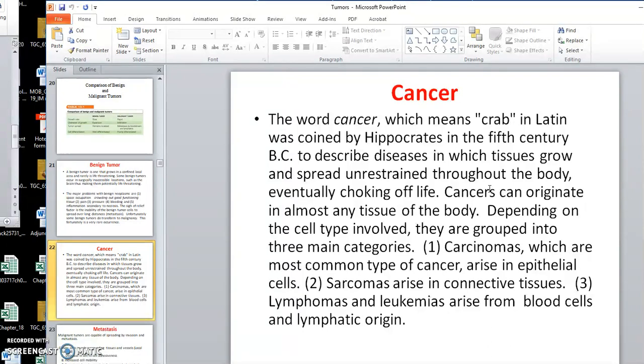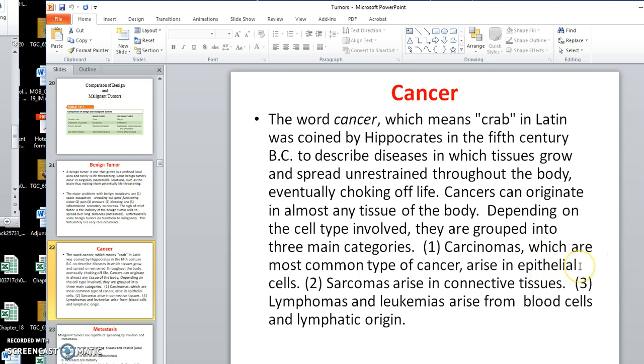When we look at the cancers, we group them into carcinomas, sarcomas, and lymphomas. A carcinoma, which when we get to chapter 4 we'll talk about different types of tissue. A carcinoma is a tumor of epithelial tissue.